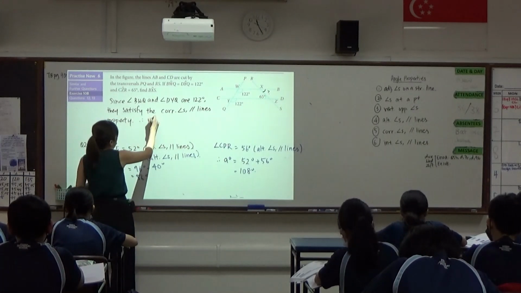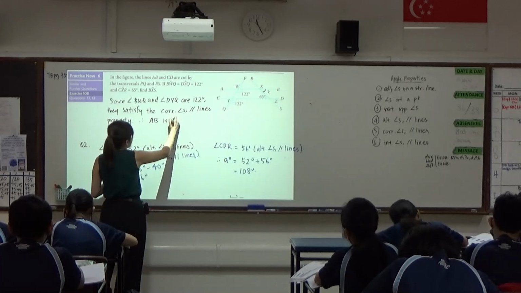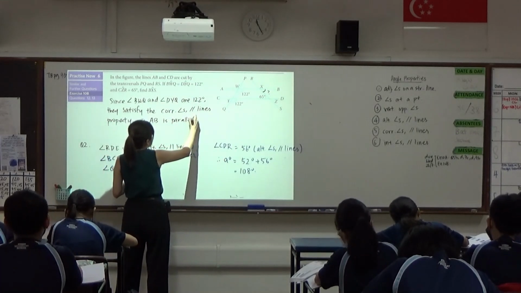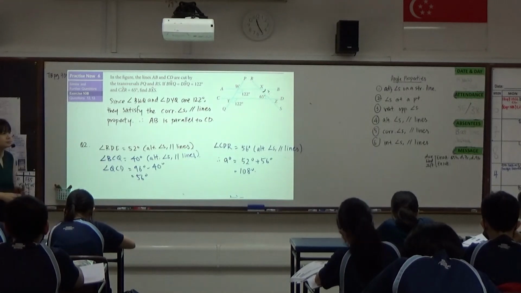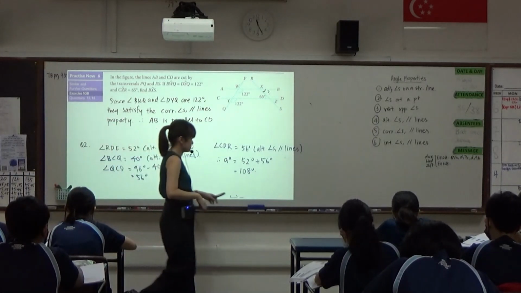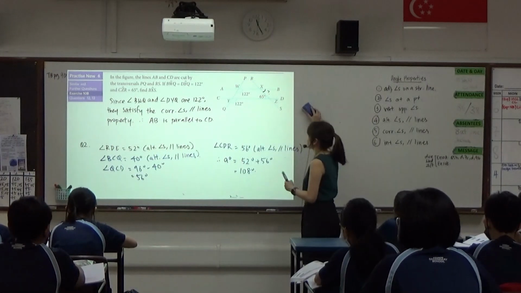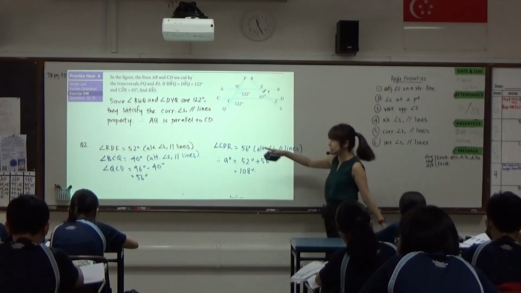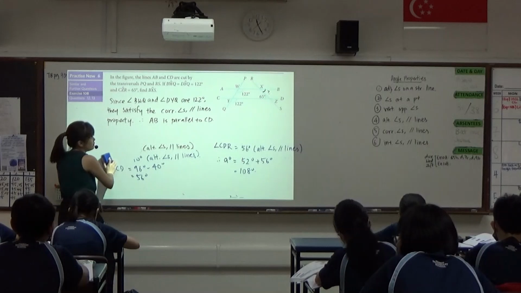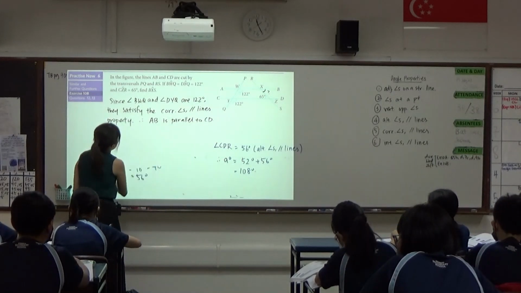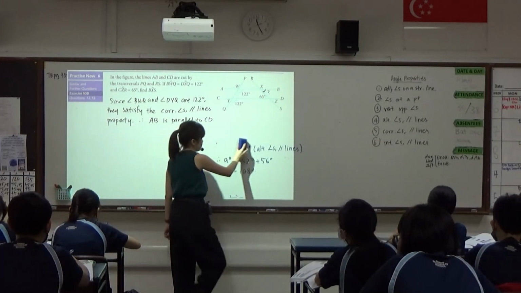Therefore, AB is parallel to CD. You must actually write down this statement before you can proceed with finding out what angle BXS is.